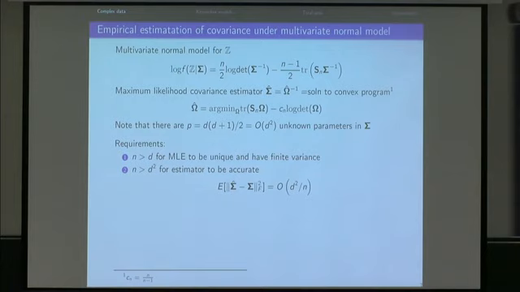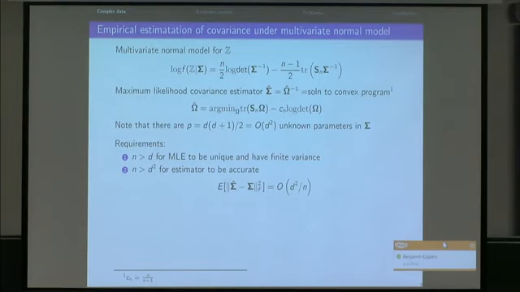And so the requirement even to get going with this maximum likelihood estimate, which is unconstrained, is that we have to have at least the number of samples n exceeding the number of dimensions, or else you don't even have a well-posed optimization.